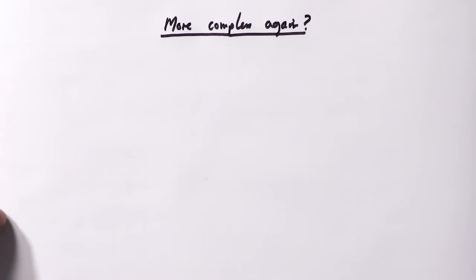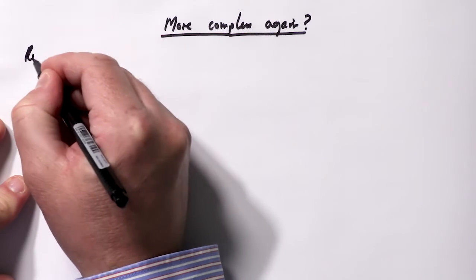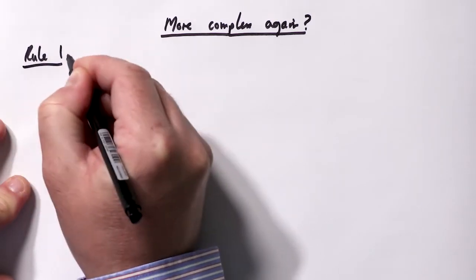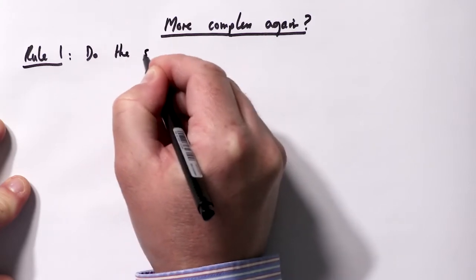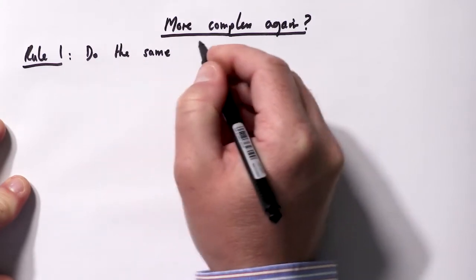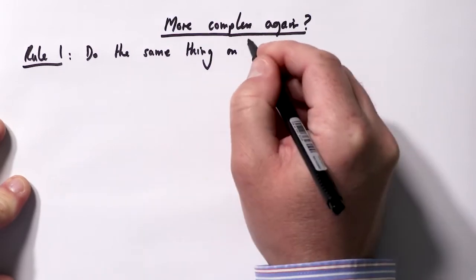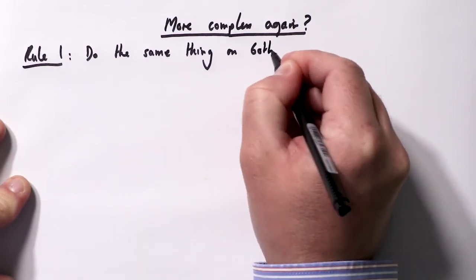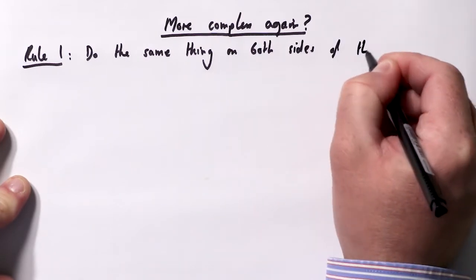If you get these rules, everything will work out. So, rule number 1 is do the same thing on both sides of the equal sign.